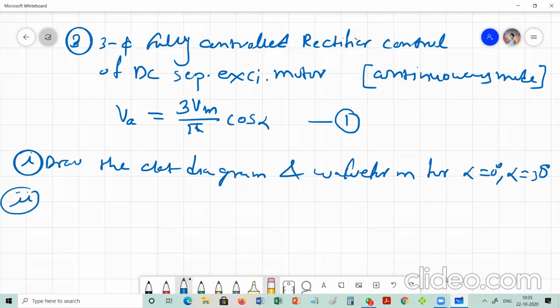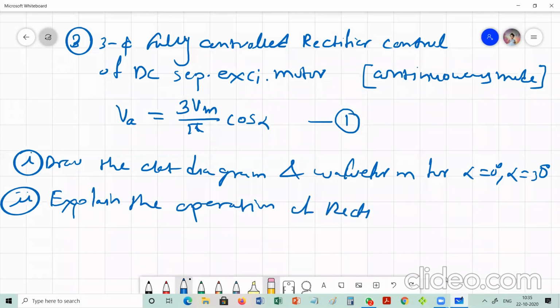Then you have to explain the operation of the rectifier, means which switch will be turned on and which switch is going to be turned off.